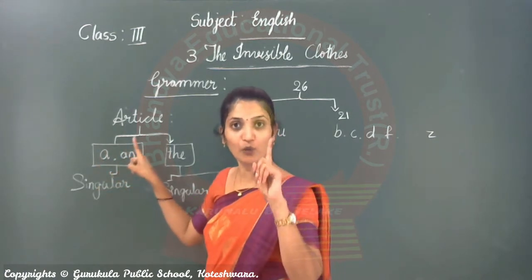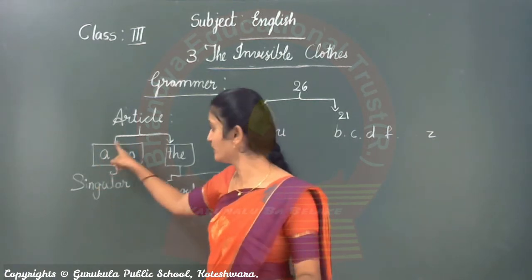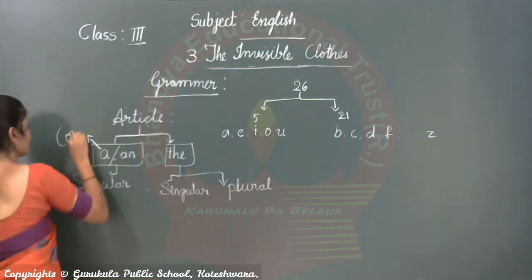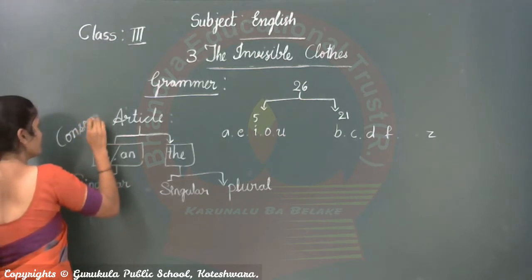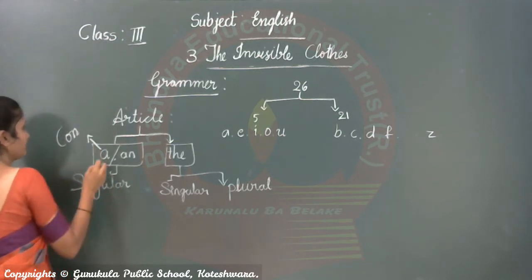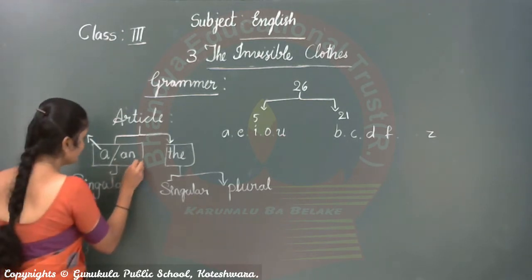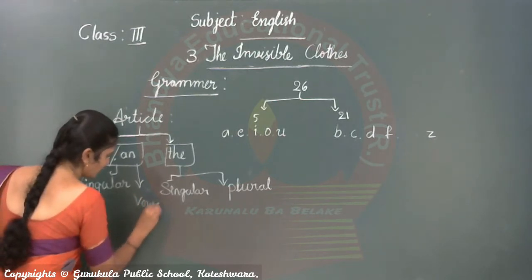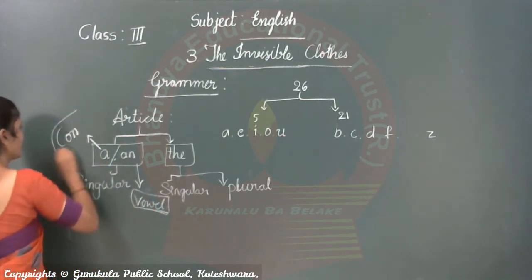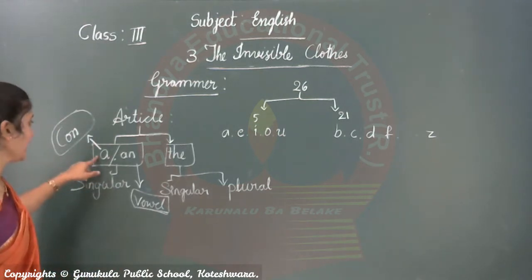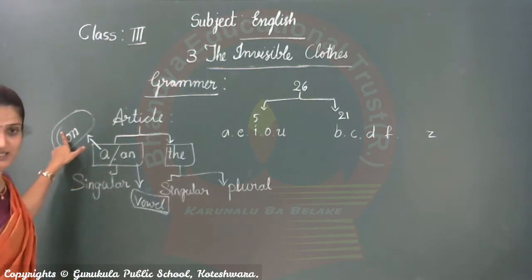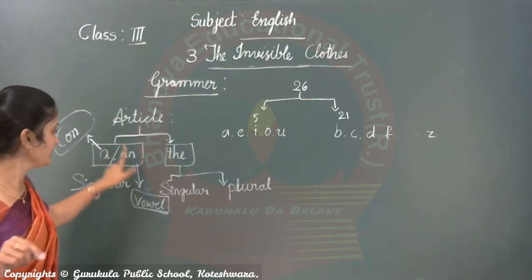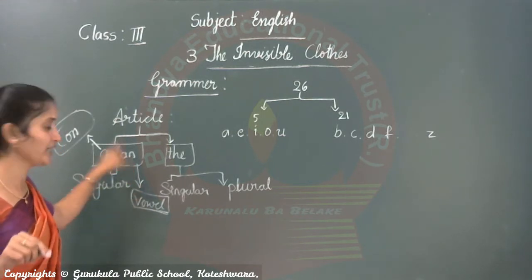A means one, an means one. This one for vowel sound, this is for consonant words. If it is a consonant word, you can write a. If it is a vowel sound, you can write an.